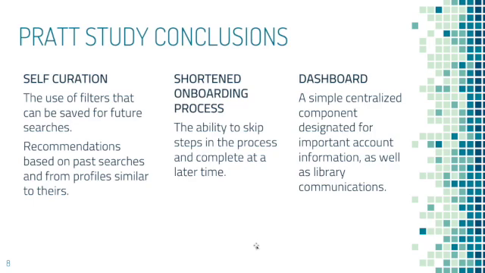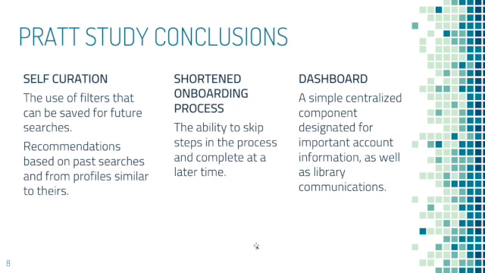At the conclusion of the study, the students came up with a few ideas on some possible redesigns that could help users have a better experience. The options were self curation, which would be the use of filters and saved searches, so recommendations they would receive would be based on searches they did in the past, or it would have the capability of comparing their profiles to similar profiles and then making recommendations that way.